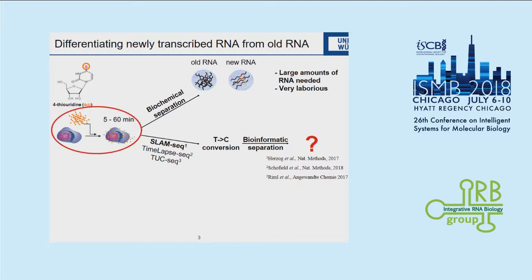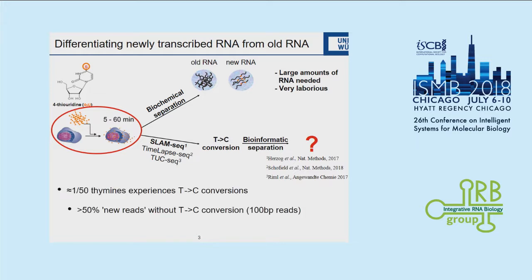Unfortunately, it's not as easy as to just take all the reads that have the thymine to cytosine mismatches and count them as new and all the other ones as old, due to a very low incorporation rate of the 4-thiouridine. You can only expect 1 in 15 thymines to actually undergo this conversion from thymine to cytosine.